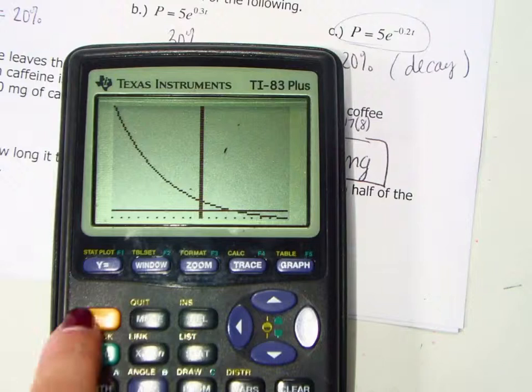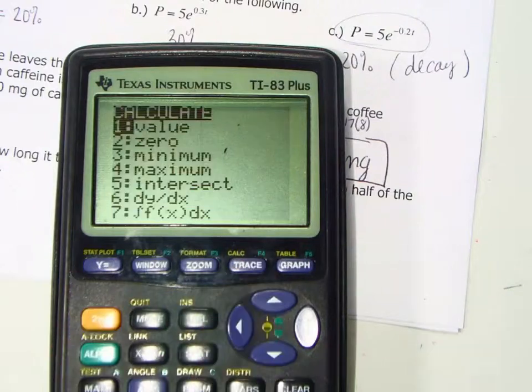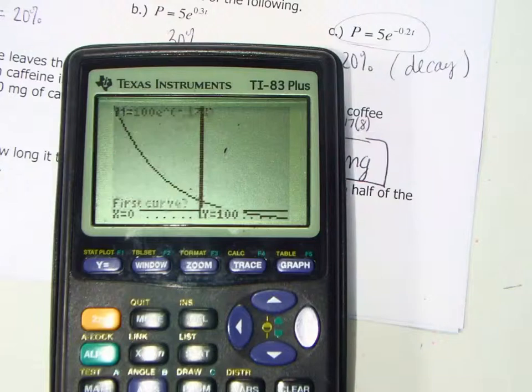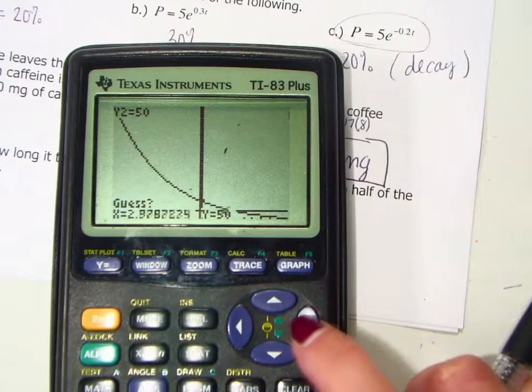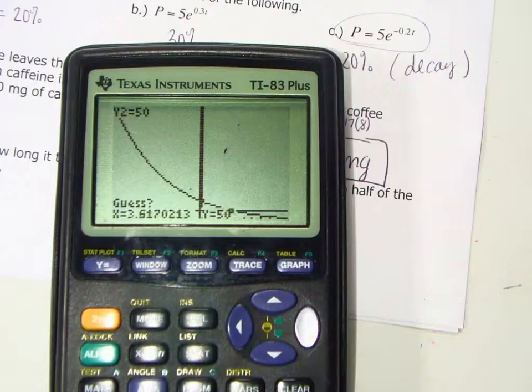If you need a refresher on that, second trace is your calc menu. Number 5 is intersect. Recall that it will ask for you to hit enter on your first curve, on your second curve, and then for you to guess where the intersection point is.